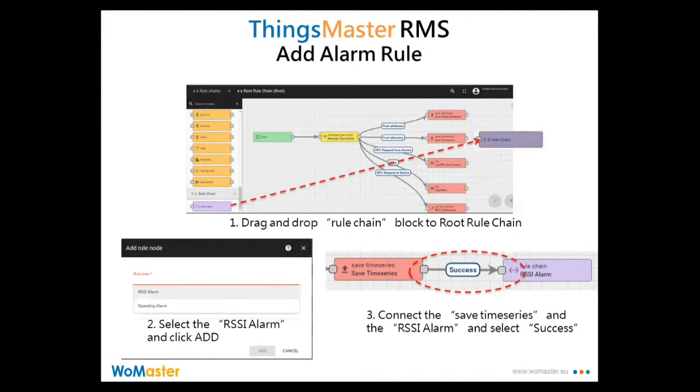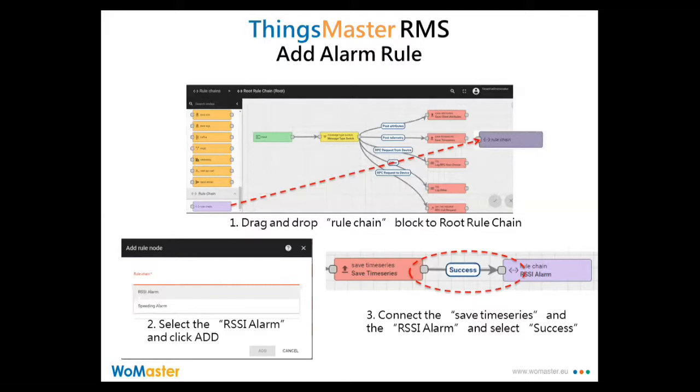After that, since the RSSI and the speed values keep changing with time, we need to connect the two files with the time series. After that, just select success. The rule will be set. The rule setting is complete.